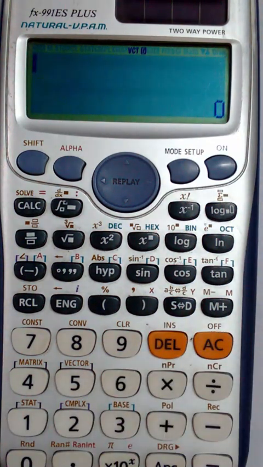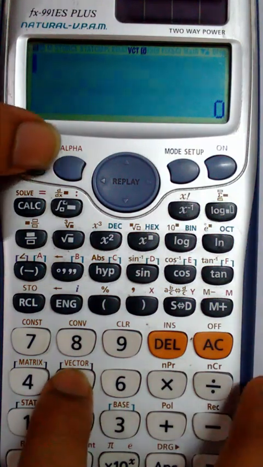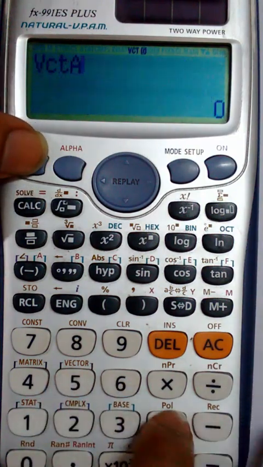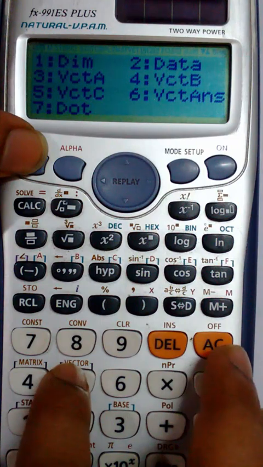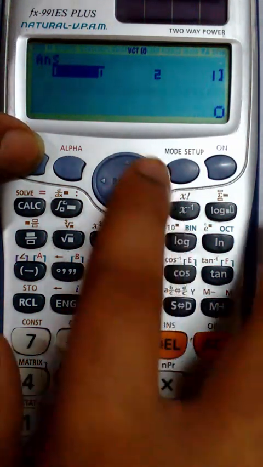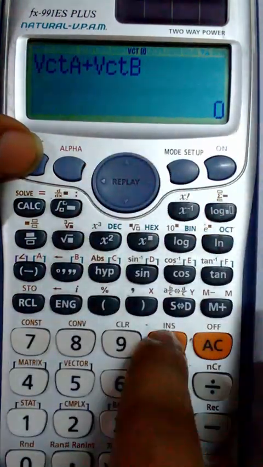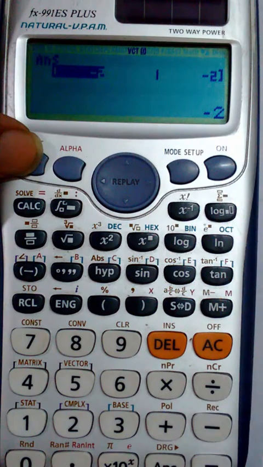Suppose I want to add these, then vector A should be chosen plus shift vector B. I got this result. If I want to multiply this, cross multiplication, I got this result.